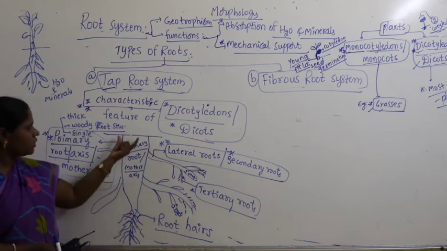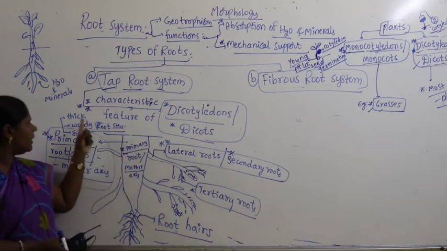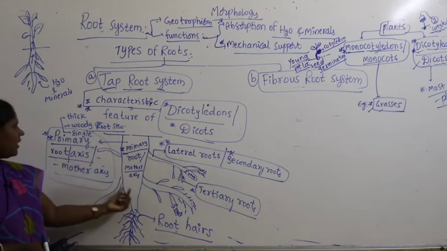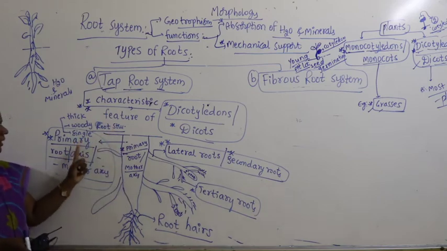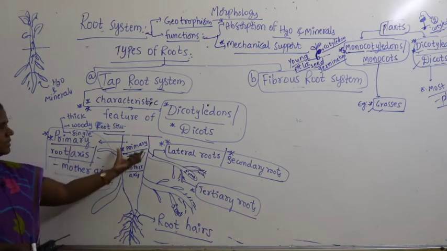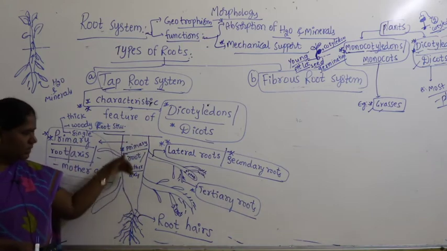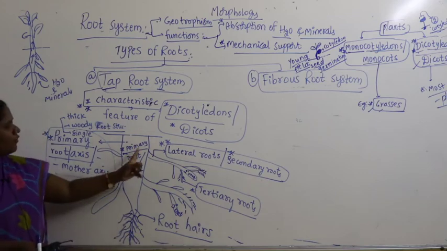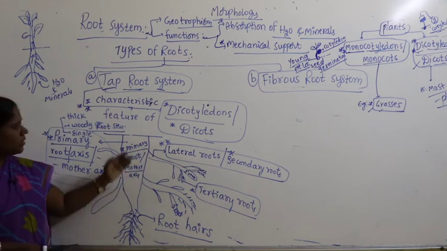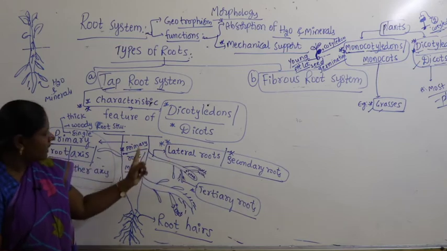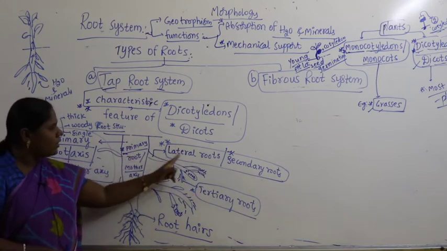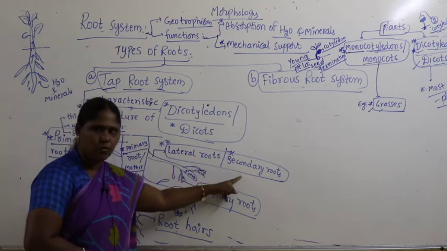Initially, the first formed thick woody root structure, single, only one, is called the primary root or primary axis or mother axis. It grows and penetrates into the deeper layers of soil. What comes laterally from the primary root or mother axis is called lateral roots or secondary roots.